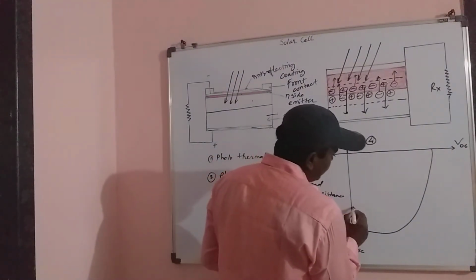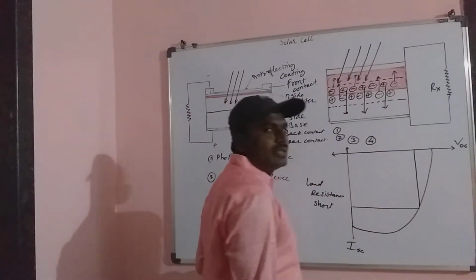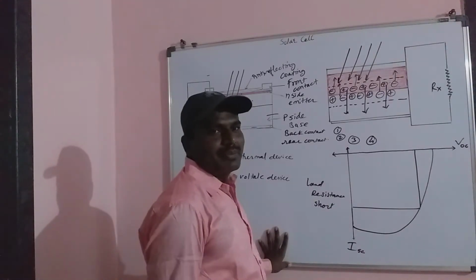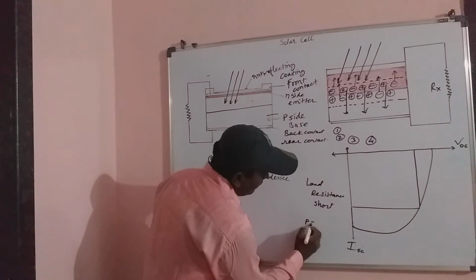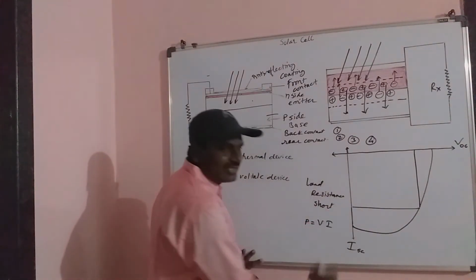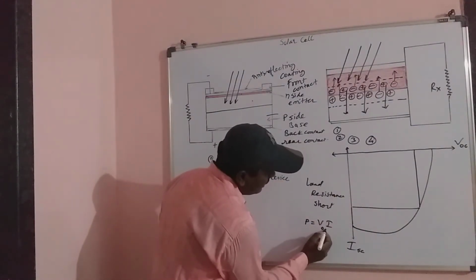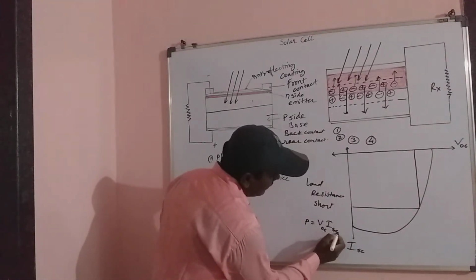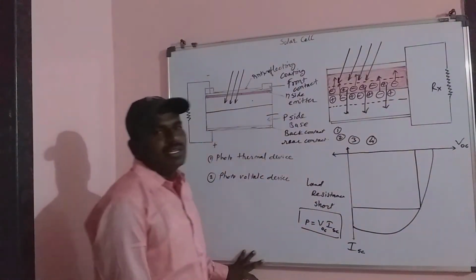Here we should get the point at which the power is maximum, and power is always P equal to V I. The voltage is the open circuit voltage, and the current is the short circuit current. This product is the power produced in the solar cell.